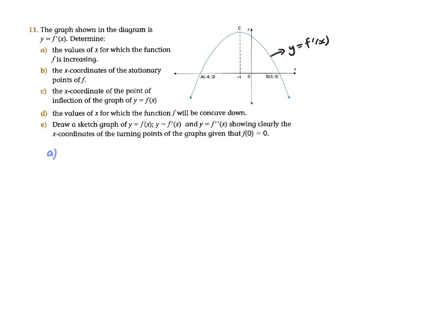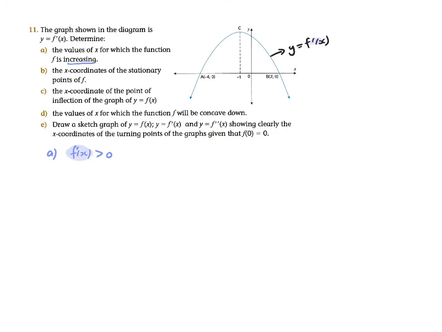Determine the values of x for which the function f is increasing. f is not drawn there, but where would f be increasing? If I've got a normal f(x) function, it will increase when the gradient is positive. Increasing means the gradient is positive, decreasing where the gradient is negative. So where's f prime x greater than 0?